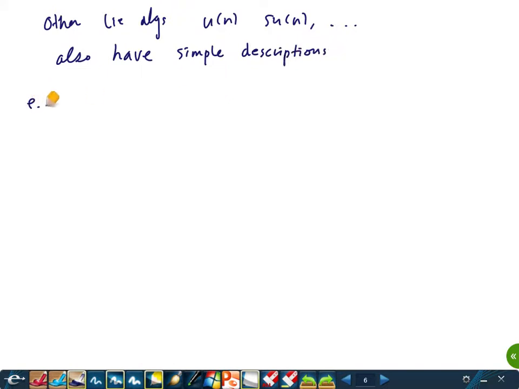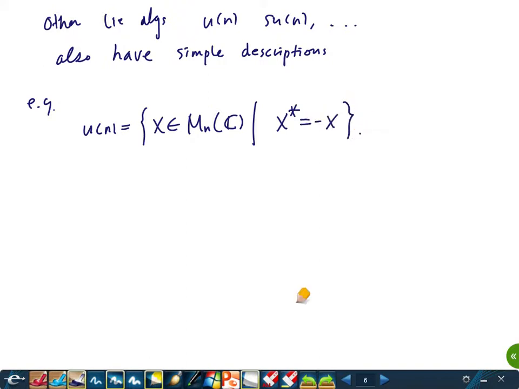For example, U(n) is the set of n by n complex matrices such that X* equals minus X. And so just read the textbook for the other examples. Okay.